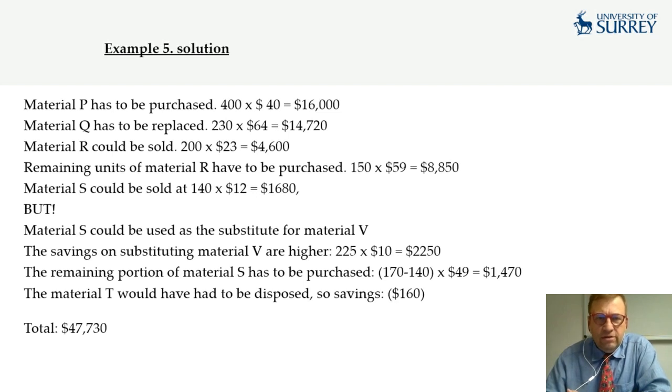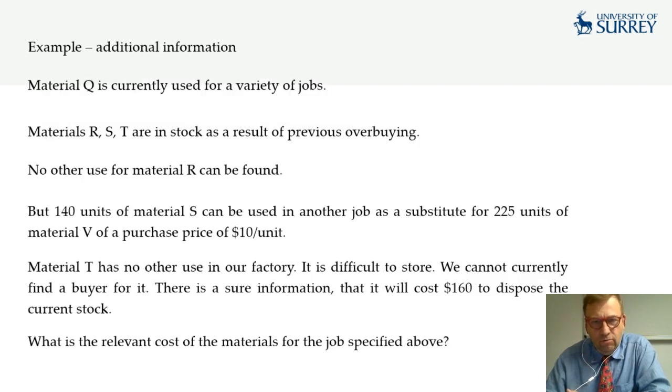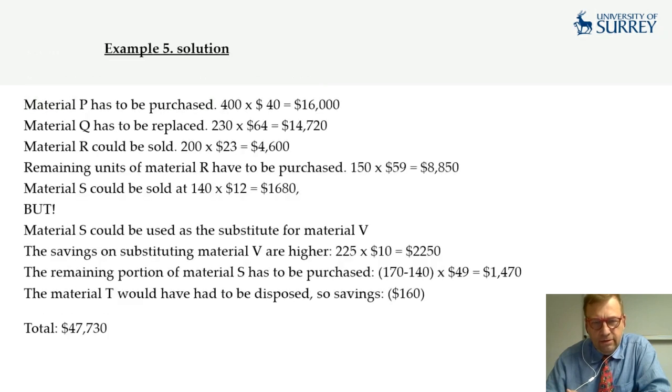Therefore, 230 we value at 64, which gives 14,720. Where is this? It's here. Q 230, and we have to replace it at the replacement cost 64. I hope nobody is lost in the calculations and everybody follows me.